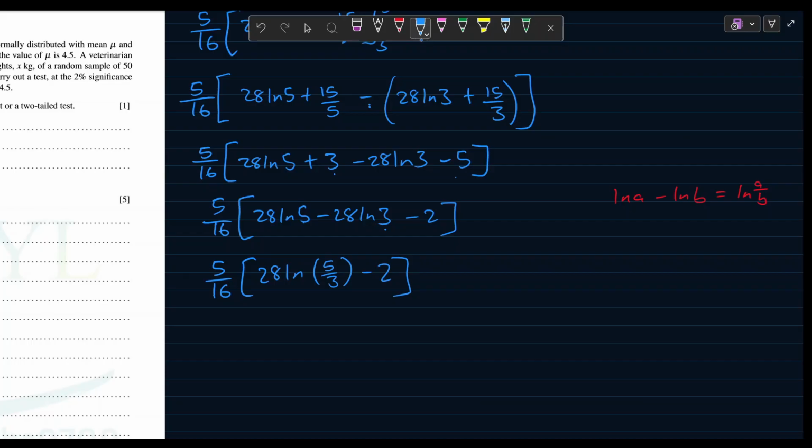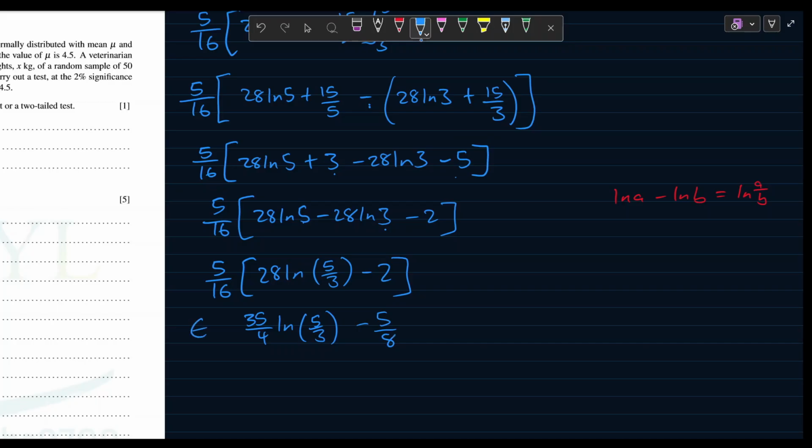And now let's just multiply through by 5 over 16. So we've got 5 over 16 multiplied by 28, which is 35 over 4. And that's ln 5 over 3. Then 5 over 16 multiplied by negative 2. So that's going to be negative 5 over 8.